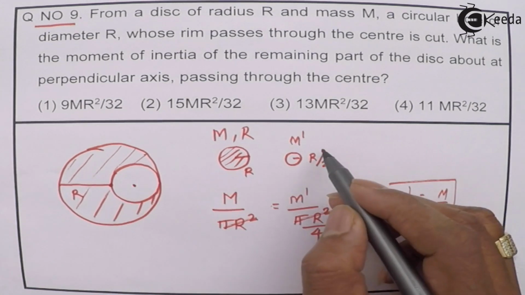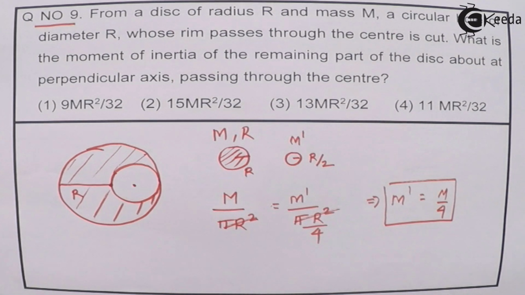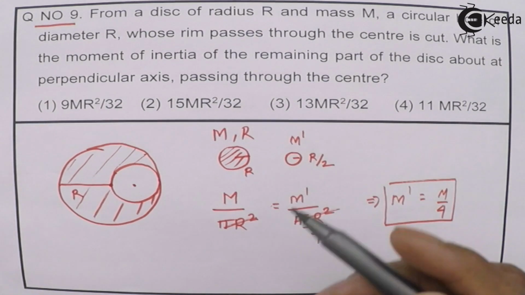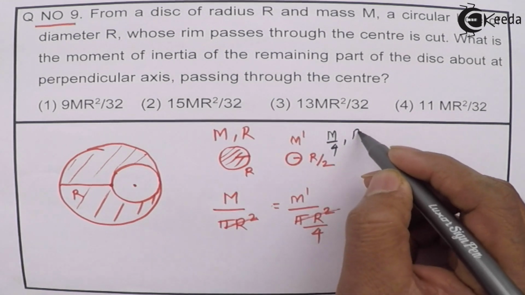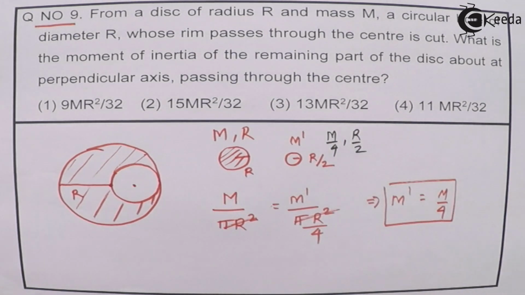And the radius is given. So I can write the specification for this smaller hole as mass m by 4 and radius r by 2. Basically I can think of a negative mass system.